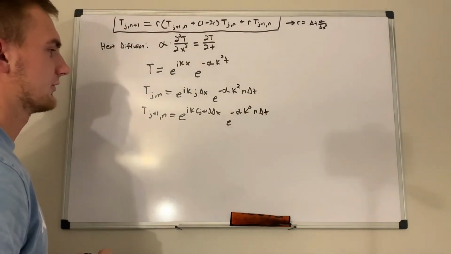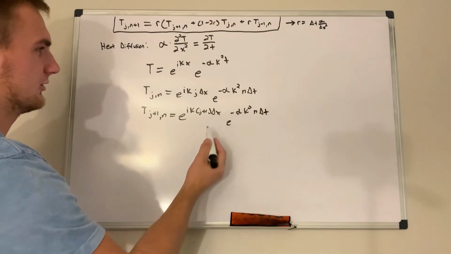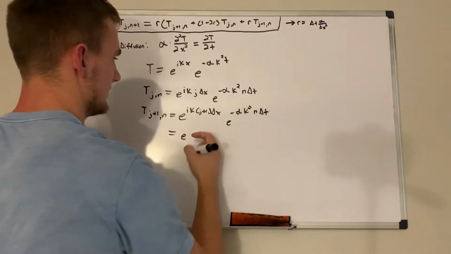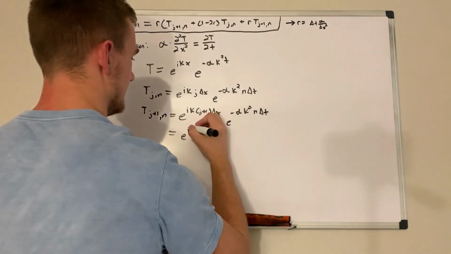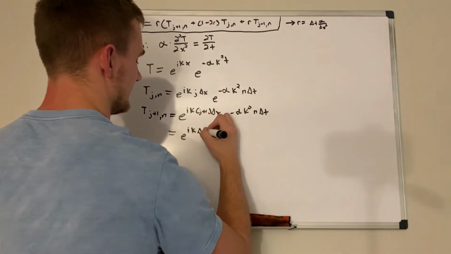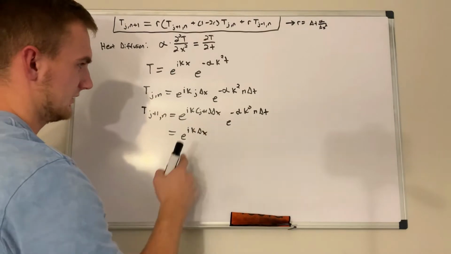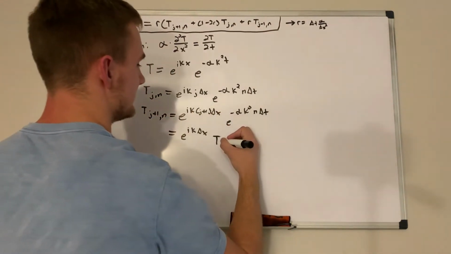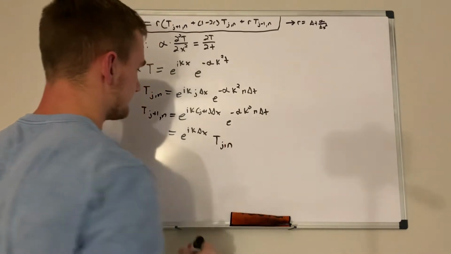If we want to go further, we see that these two are like terms, so this would also equal e to the i k delta x, because we have j plus 1, and distributing, these two are the same terms, so it's just Tj at n.